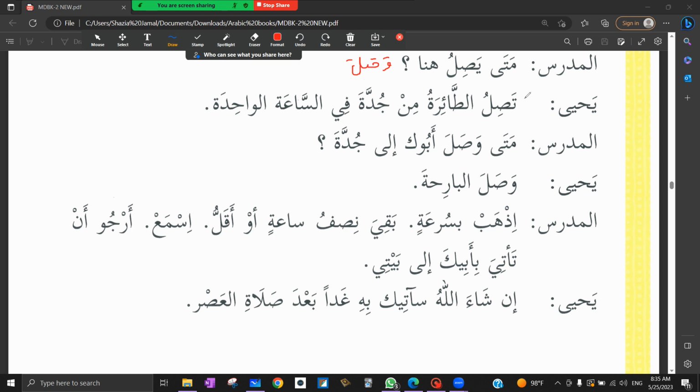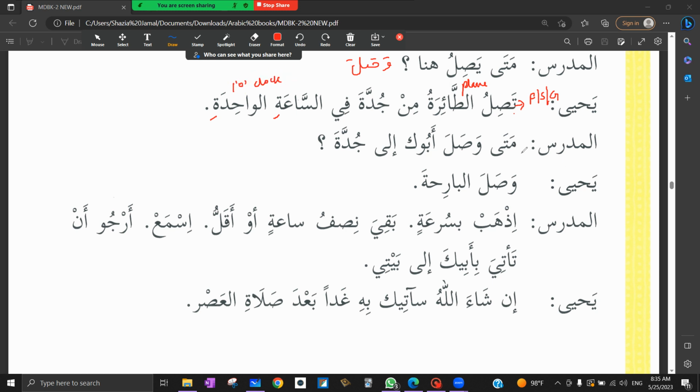This is the present tense of wasala. Ata'iratu is the plane, and since it is a feminine noun, that's why ta is used for the feminine singular. Min judda, from Jeddah. Fi sa'ati wahidati means at 1 o'clock.